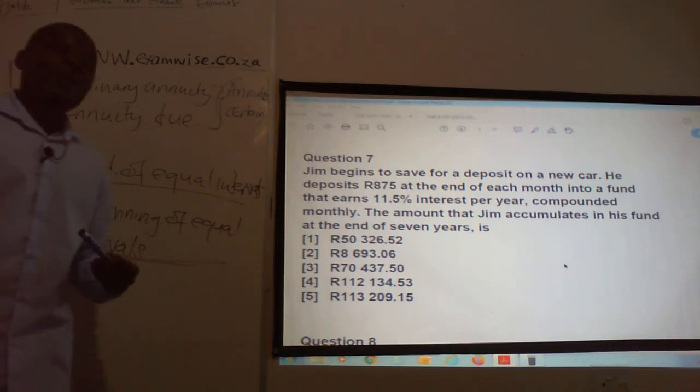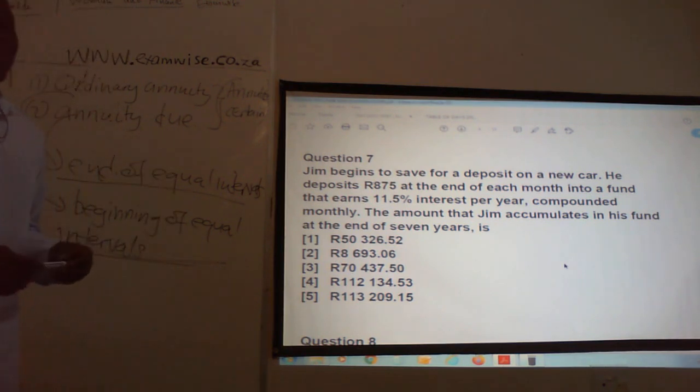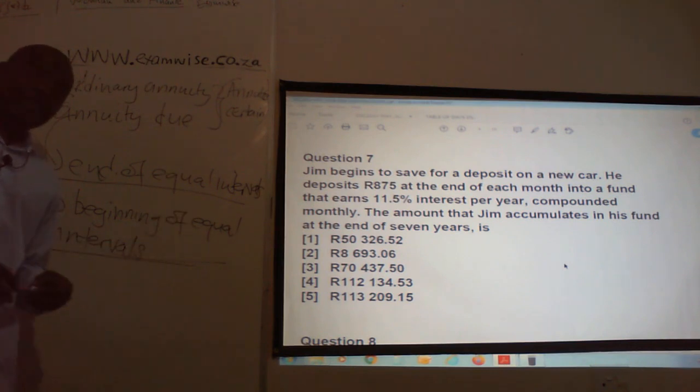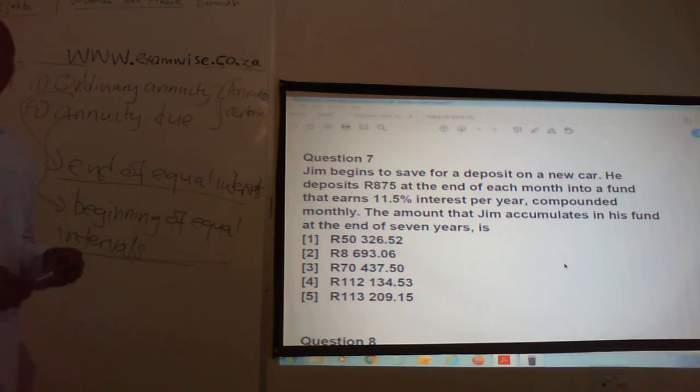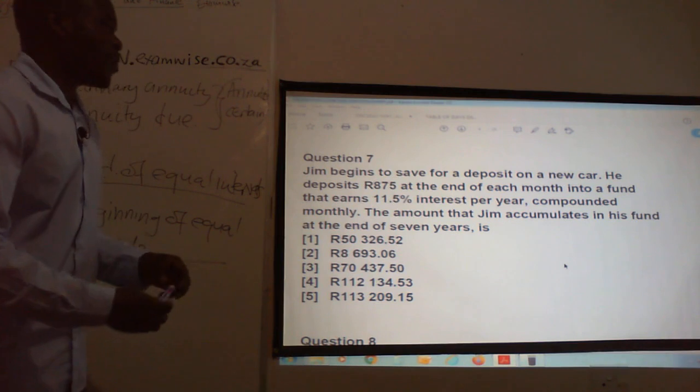And then the other important thing as well, our calculators are designed to work in the end mode. So every time we are working on our calculator, the default mode which we use is our end mode. If the annuity in question is an annuity due, then we have to put our calculators in beginning mode.